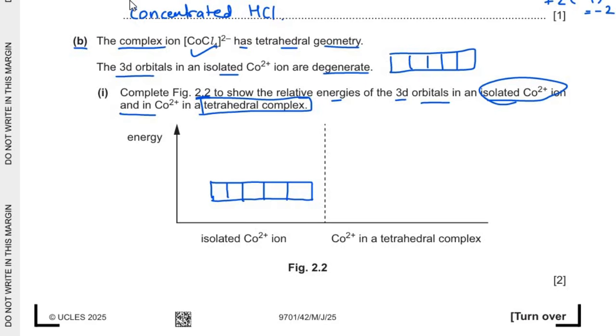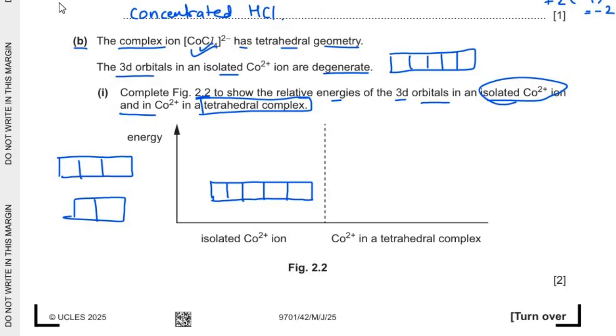Now when it bonds with the chloride ligands, it splits into a tetrahedral complex. Now the 5 d orbitals split into non-degenerate. Non-degenerate means it splits into 2 different levels of energy. And for tetrahedral it is 3 orbitals on the top and 2 orbitals at the bottom level.